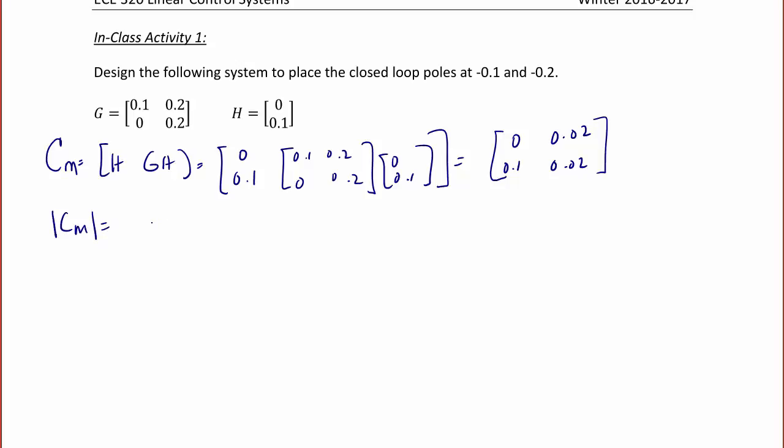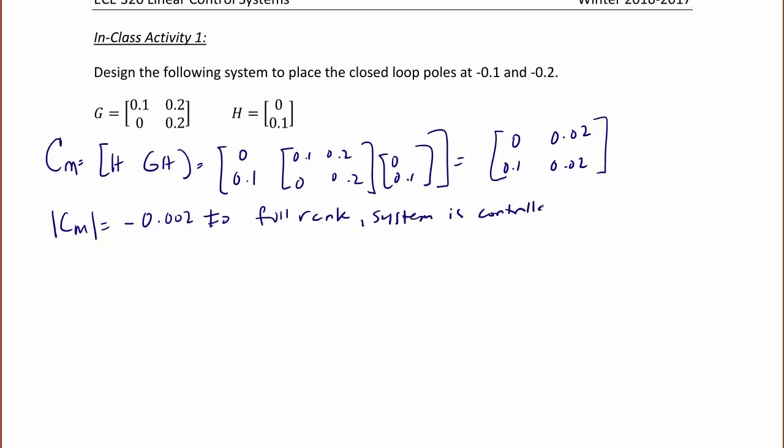So we find the determinant of C_m, which ends up being negative 0.002, and that's not equal to 0. So we do have a full rank controllability matrix, so the system is controllable.